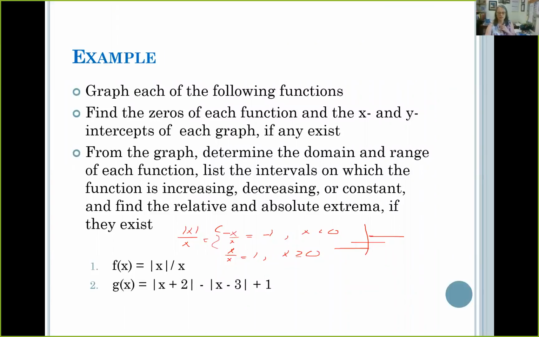So my domain is everything except for 0, right? So my domain on this first one is negative infinity up to but not including 0, unioned with 0 to infinity.